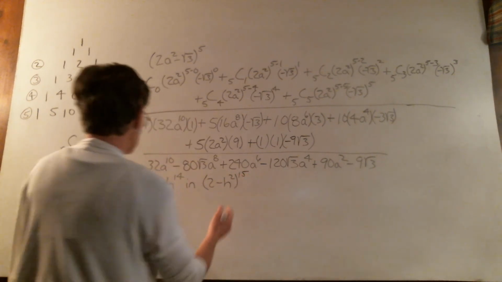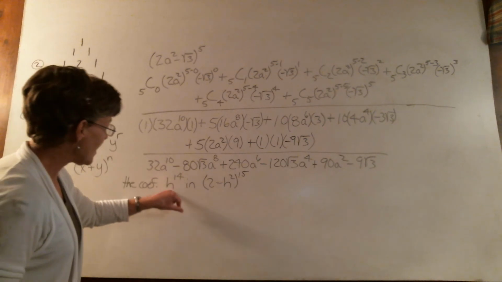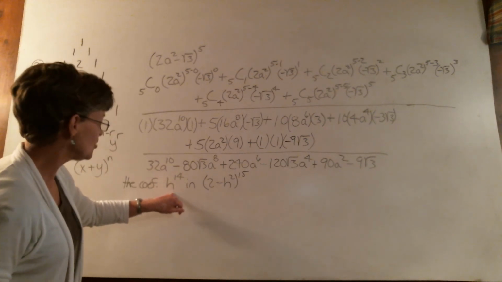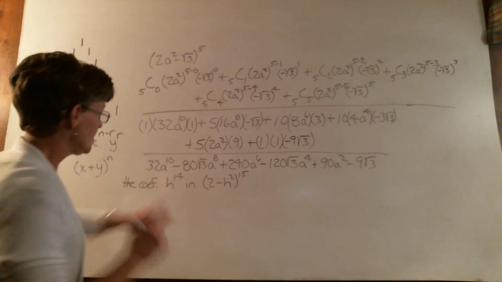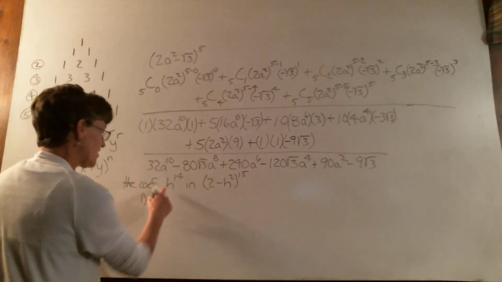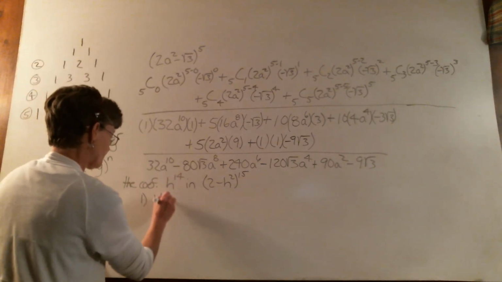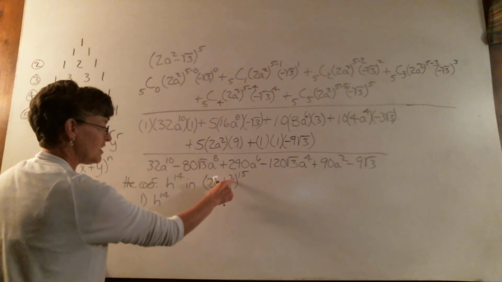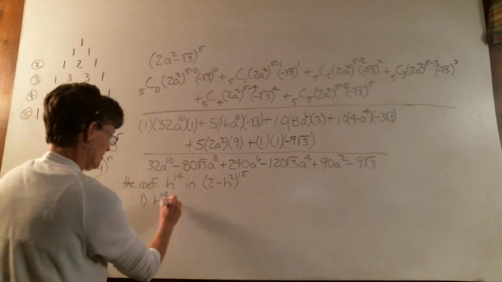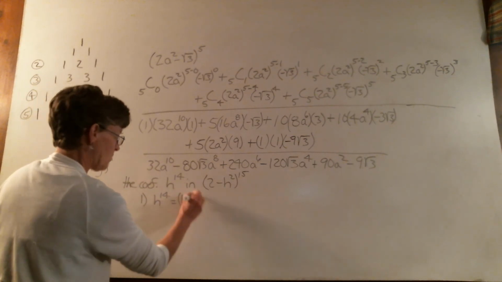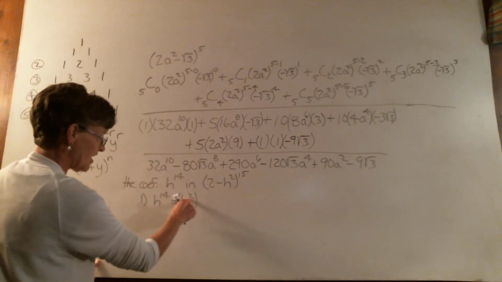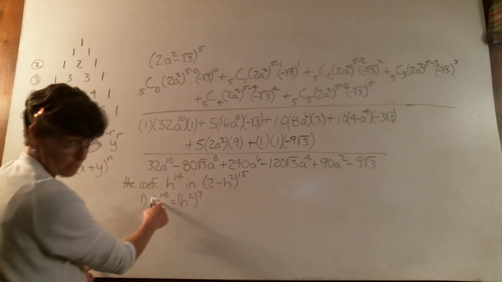All right, if we want to find the coefficient of the term that has h to the 14th in it, then the first thing I want to look at is h to the 14th. That's going to be h squared to some power. Well, h squared to the 7th power would give me h to the 14th.